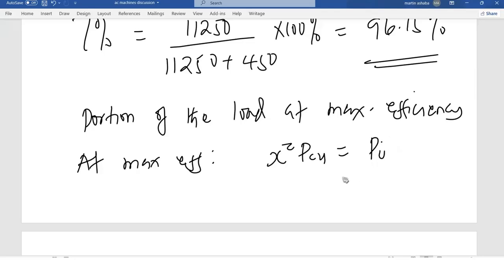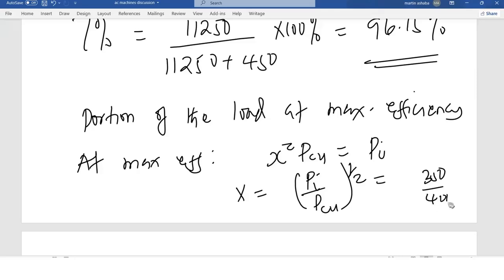In other words, the copper losses are going to be equivalent to the iron losses. So therefore, the portion of the load will equal Pi divided by PCU, all to the power a half. So this is going to be, the iron losses 350 divided by 400, everything under root. We are taking the root of the answer.